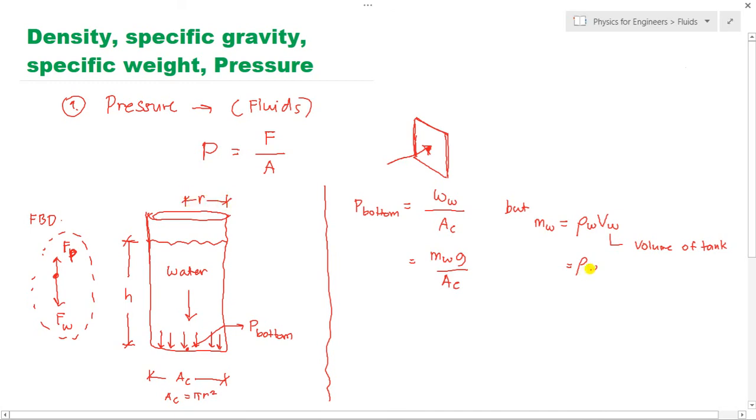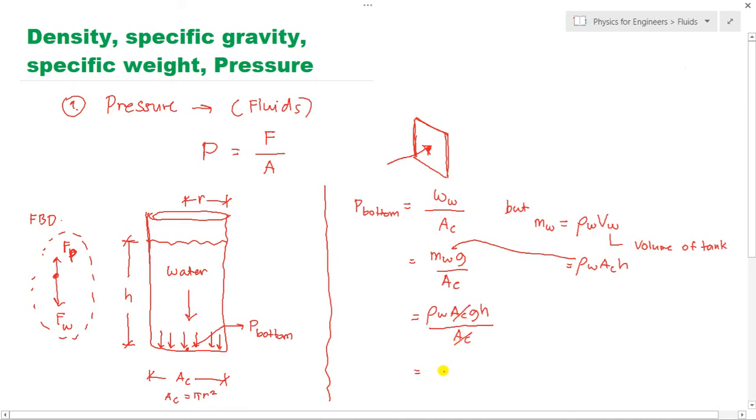So therefore we can say that the volume is just equal to the cross-sectional area times the height of the water here. The height of the water is h, so we put A_C h, and then we substitute here. So therefore we can say that it is the density of the water times the cross-sectional area times the gravity times the height divided by the cross-sectional area. So it cancels because it is common.